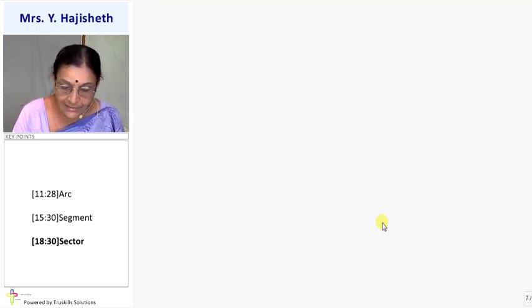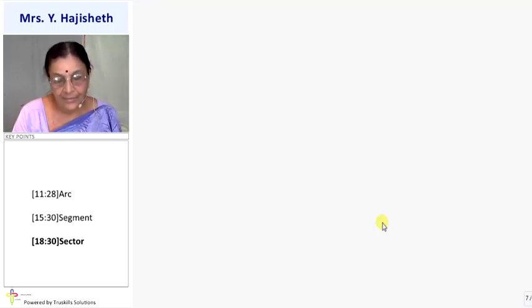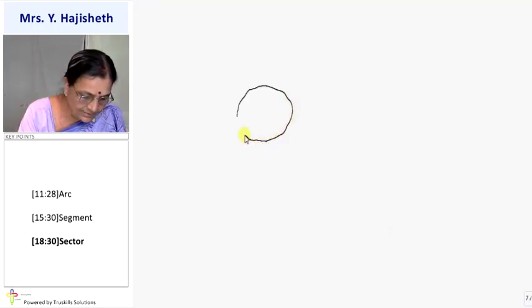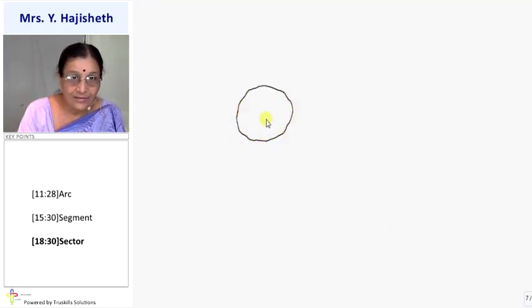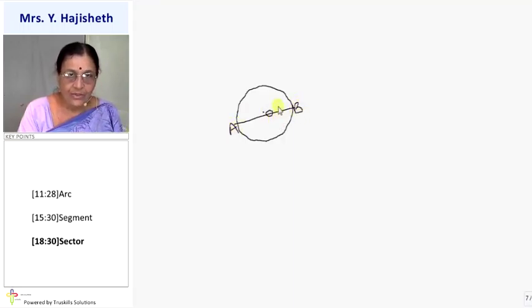If two arcs are equal, that is, each is a semicircle, then both segments and both sectors become the same. Suppose this is a circle with center O, and suppose AB is a diameter. Then each part is called a semicircle.